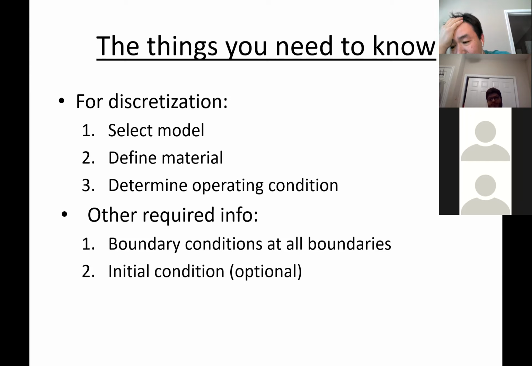This is a critical step because all your values eventually are propagated from the boundary. A differential equation is actually boundary dominated. The equation just tells you a relationship between every two locations, right? The equation only tells you the relationship, but the actual values come from the boundaries. So in that sense, if you specify a wrong boundary condition, it's garbage in, garbage out.